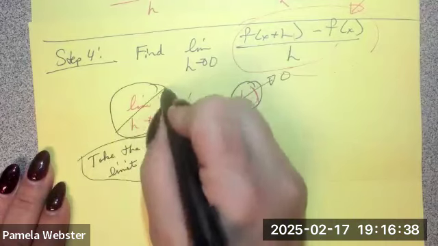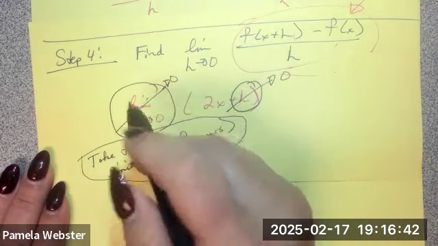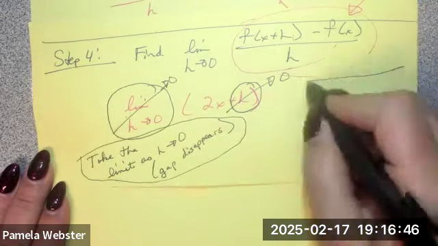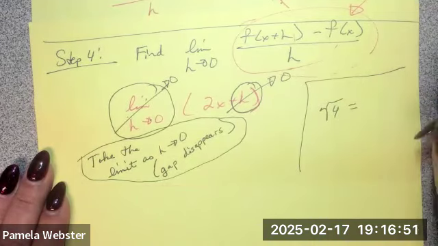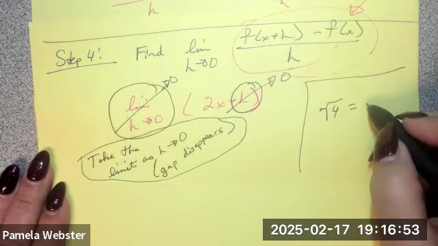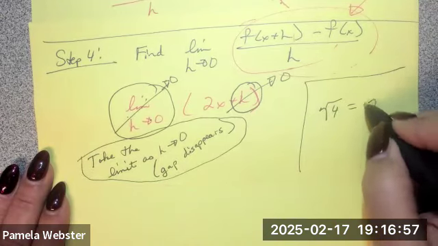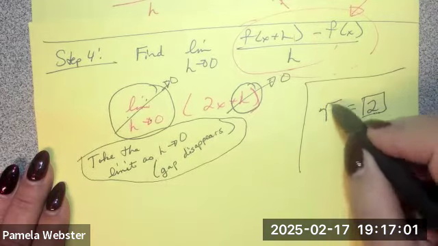Now, this little notation, the limit as h goes to 0, is like any other notation you've got. Just as a point over here on scratch paper, if I took the square root of 4, you would say, square root of 4 is 2, Dr. Webster. And I'd say, you're right. When you're finished, what happened to the square root?